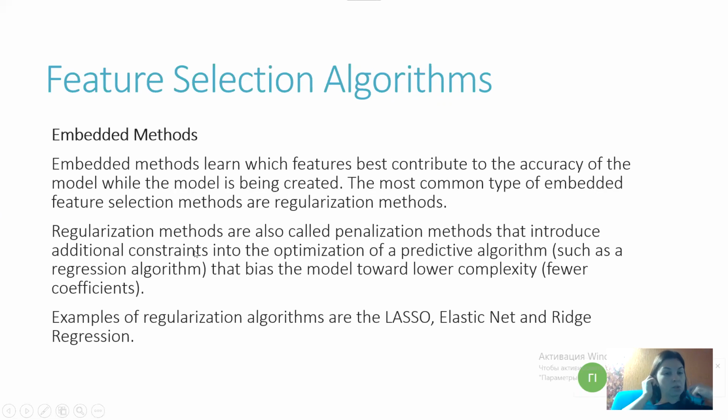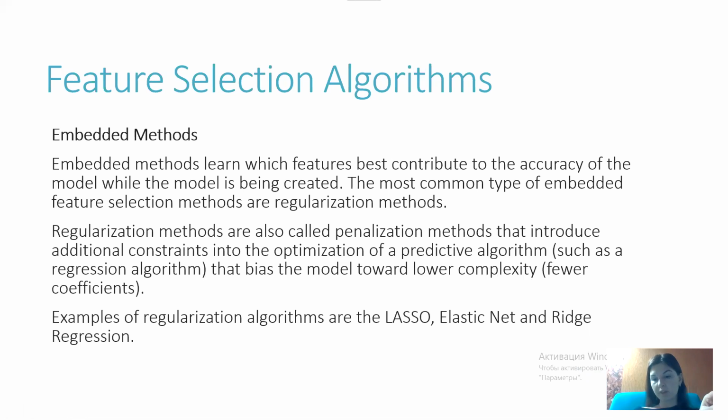Regularization methods are also called penalization methods that introduce additional constraints into the optimization of a predictive algorithm, such as a regression algorithm, that bias the model toward lower complexity, fewer coefficients. You know that fewer coefficients is really, really important for us. Examples of regularization algorithms are lasso, elastic net, and ridge regression.